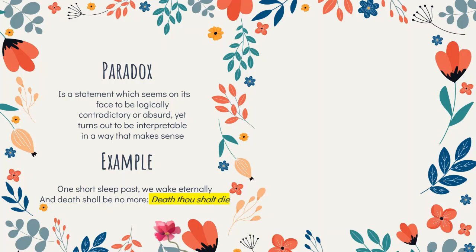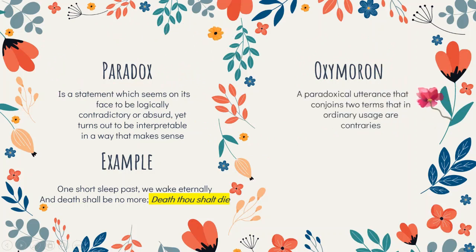And a very specific type of paradox also used in this poem is oxymoron. An oxymoron is itself a paradoxical statement. So, in order to have an oxymoron, we need first to have a paradox. But what type of paradoxical statement is an oxymoron? A paradoxical utterance that conjoins two terms that in ordinary usage are contraries, like burn and freeze, life and death, which we read in the poem.